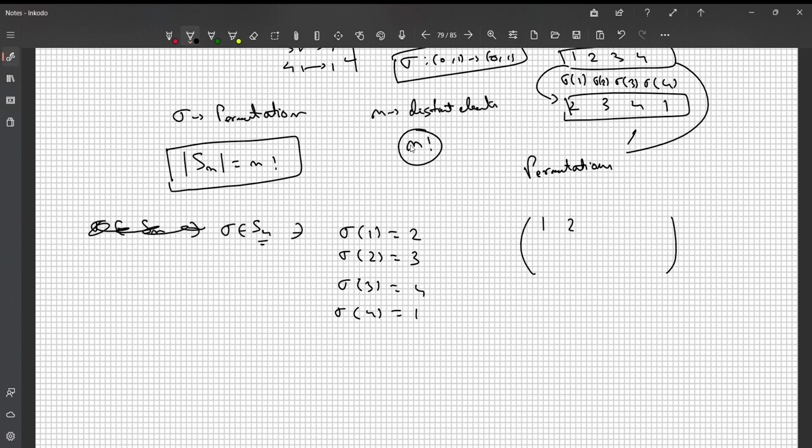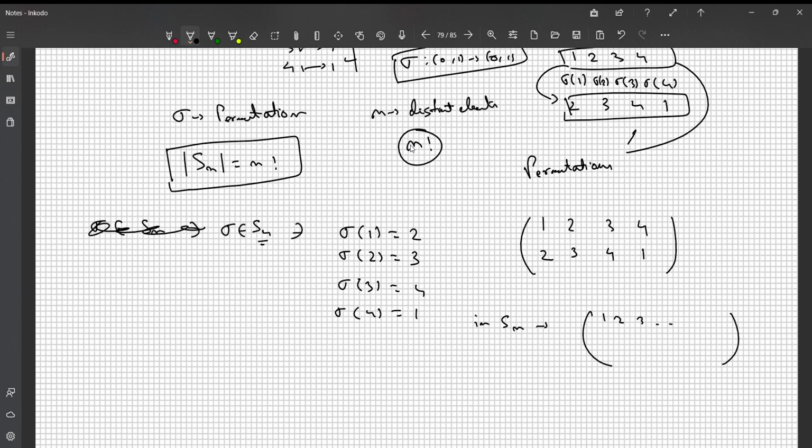Then the way we can represent this as an element is that we list the elements 1, 2, 3, 4 in the first row, and under each element of the first row we represent their corresponding images. So 1 has the image 2, 2 has the image 3, 3 has the image 4, and 4 has the image 1. So this is one way of representing the elements in S4, or rather I should say in Sn.